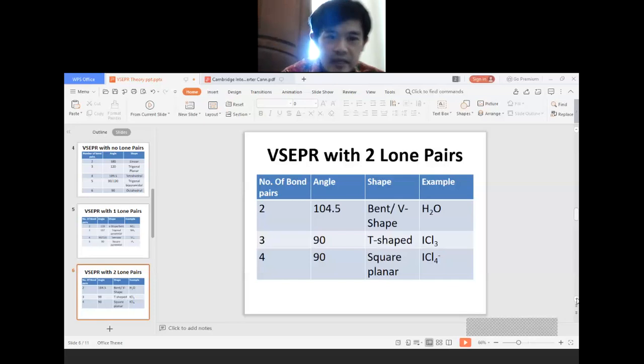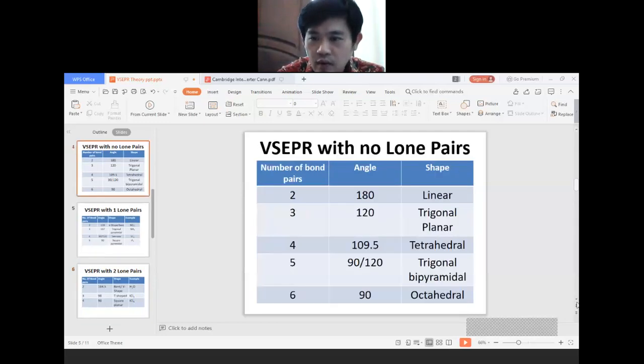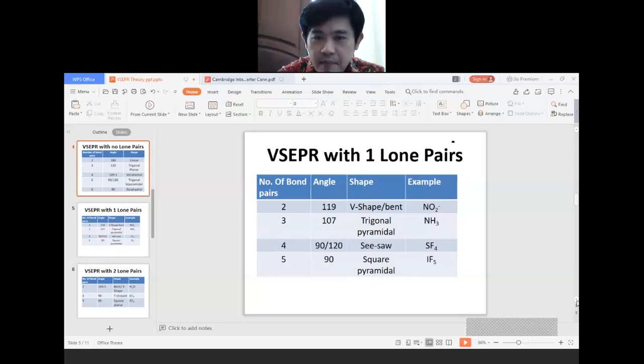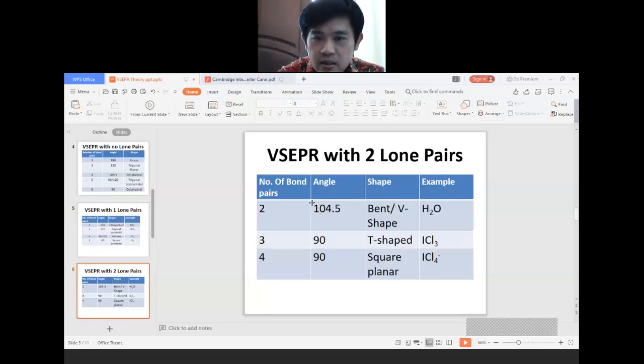Okay, the size of this angle is different from the previous one. The previous one was also bent with one lone pair, it is bent 119. Here, with two lone pairs, the bend is 104.